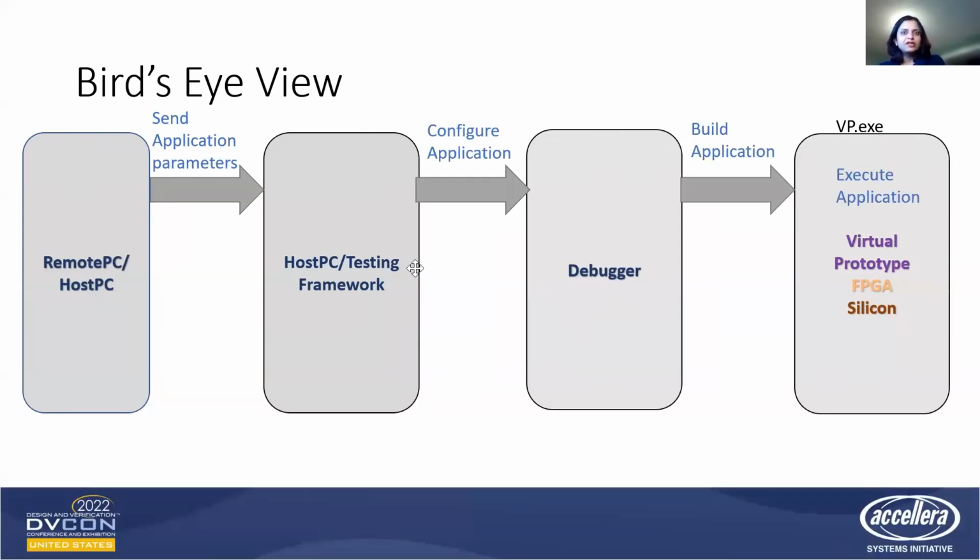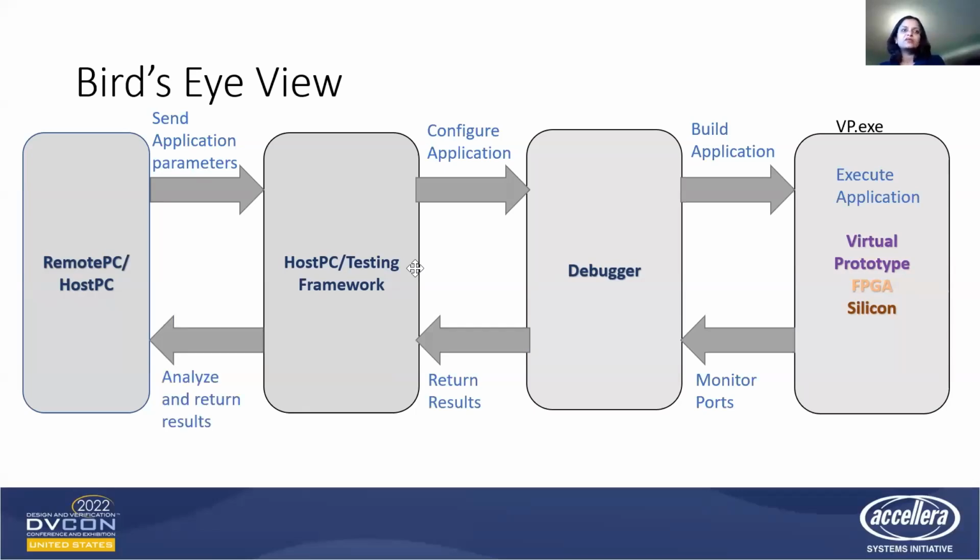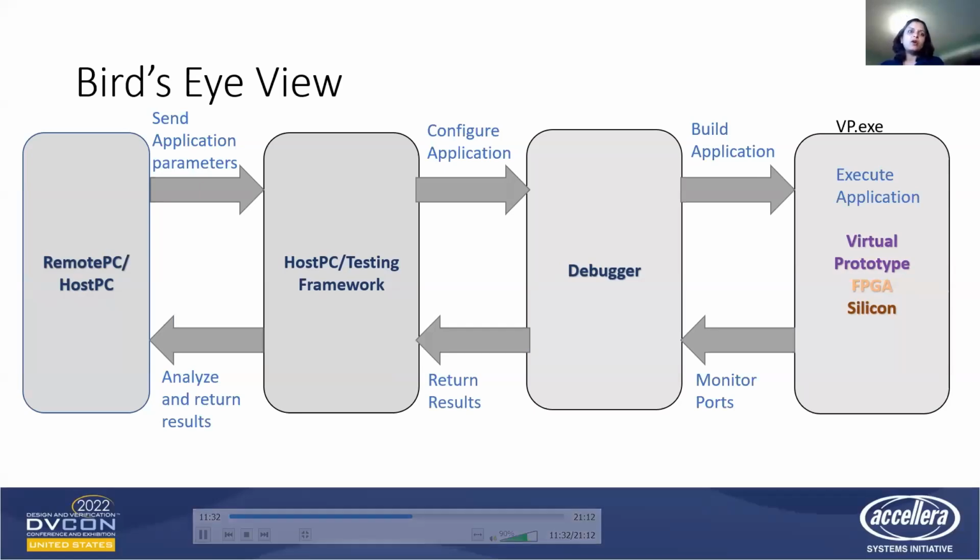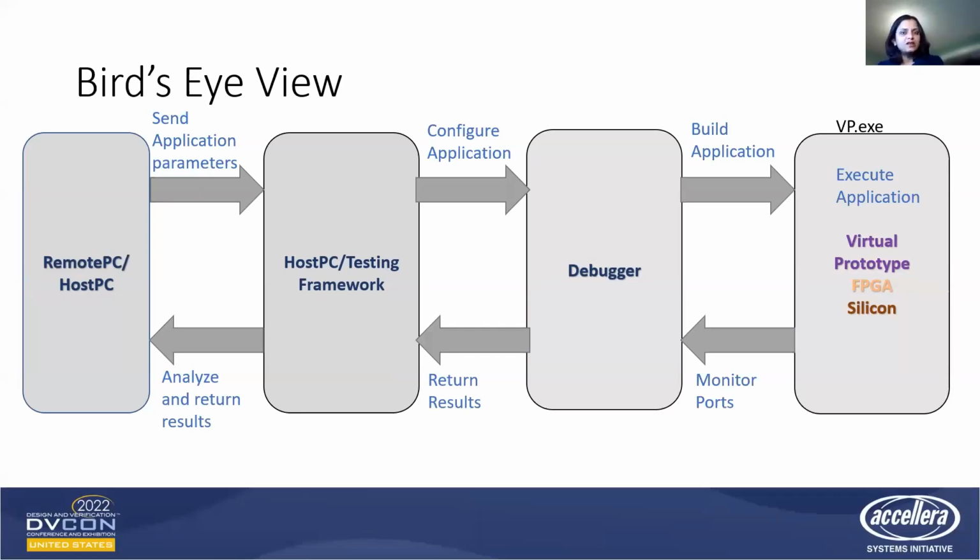The debugger, which is monitoring the ports of the system under test, then returns results to the host PC. Now, the software testing framework again analyzes and returns these results to the remote PC. The remote PC can then report an application test fail or pass status, depending on how it analyzes those results.